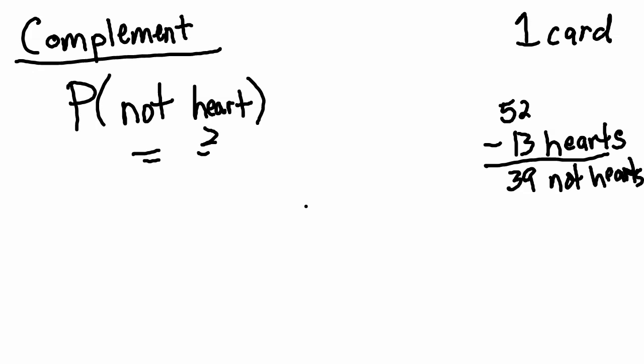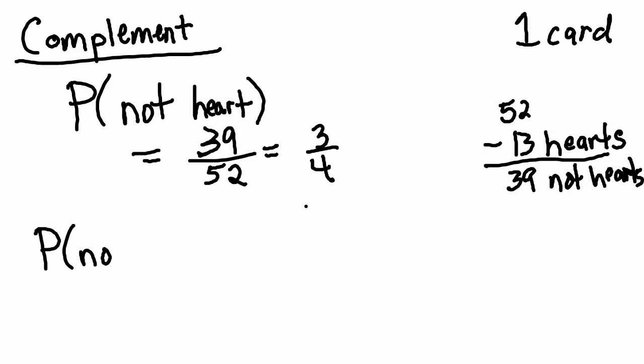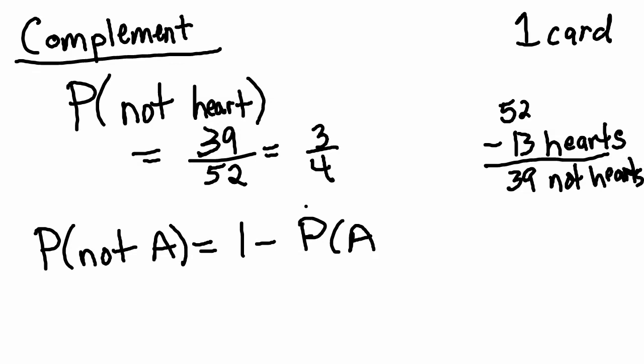So that would be 39 that are not hearts out of 52, or 3/4 of the deck are not hearts. Well, the reason I wanted you to think about this is because the formula for this is probability not A is 1 minus the probability that it is A. Okay, this is the formula that we use.